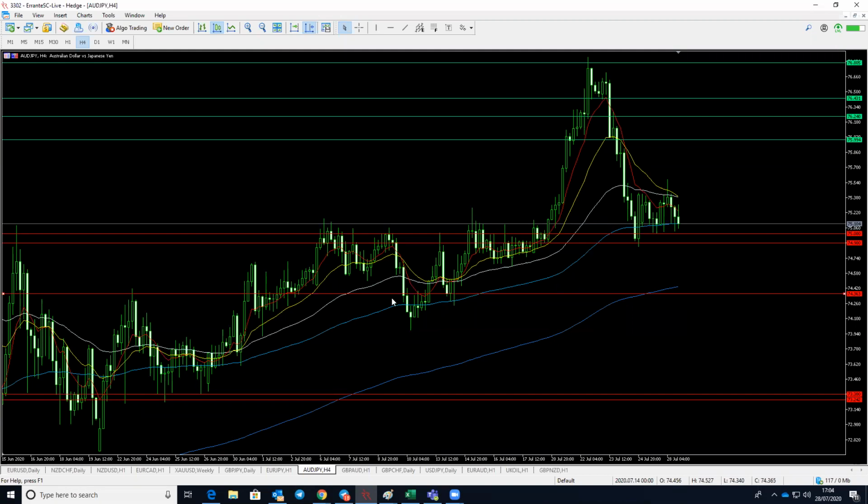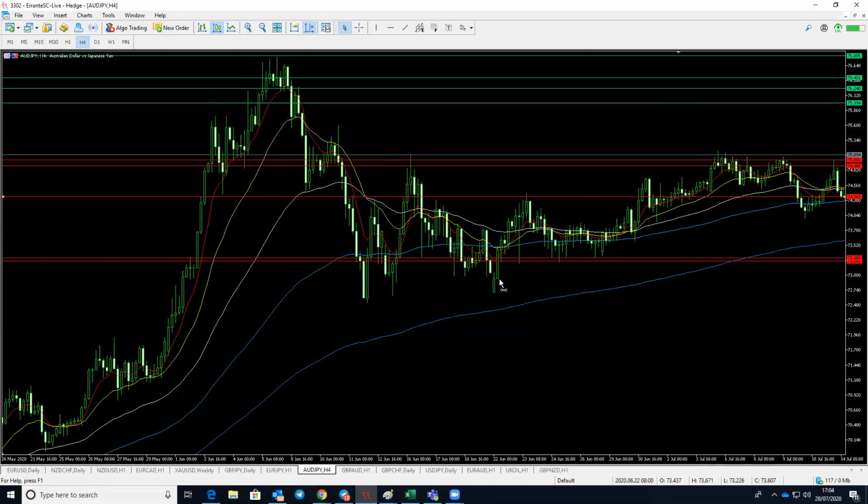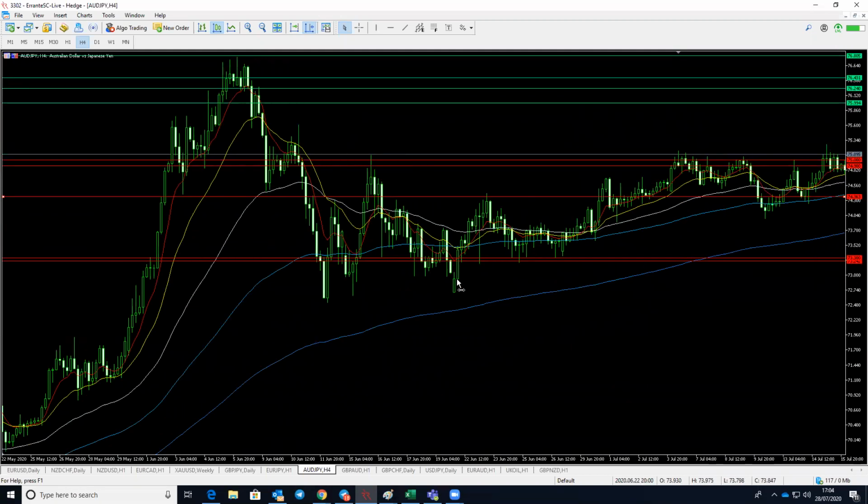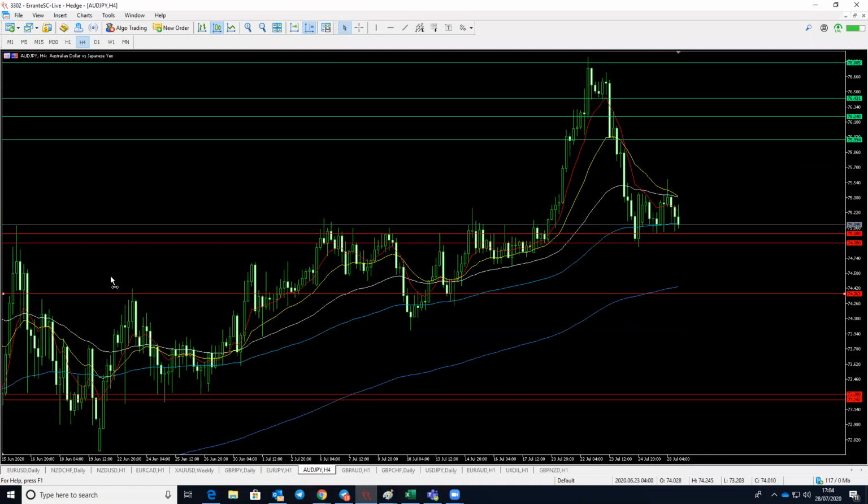If I mark that one there, you've got some resistance there, and it's not a bad area to consider taking profit if you are looking at the sell side. Then you want to take profit, and then sell again as it goes lower.